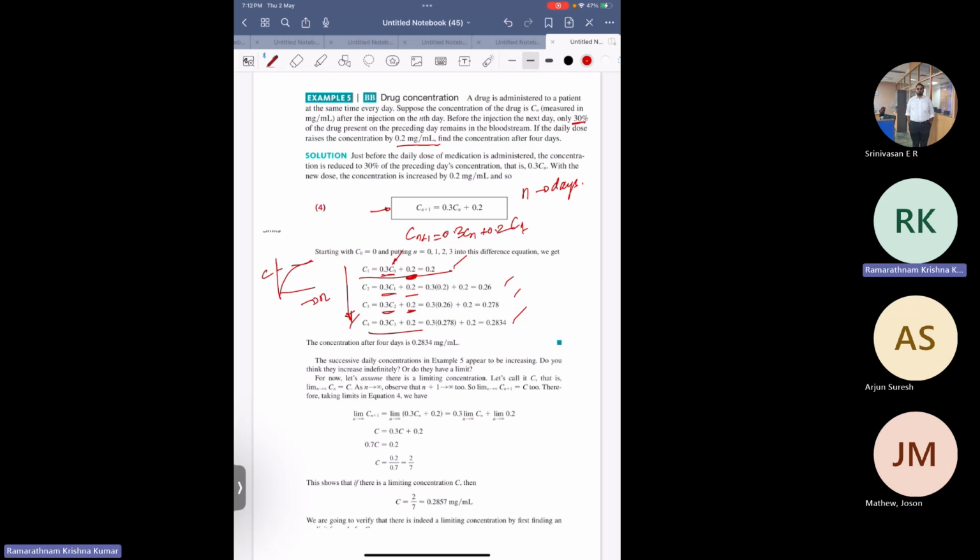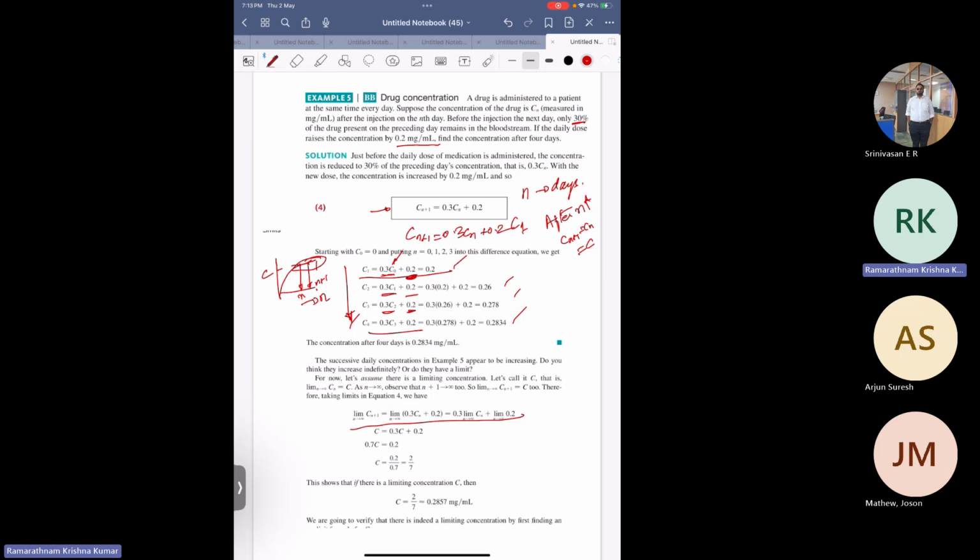It means that after some time, as n increases, Cn plus 1 is equal to Cn is equal to C. So n plus 1 is here, n is here, and then n plus 2 is here, and all of them will be one value, which is called C. So how do I find this out? N tending to infinity. That's what it means. N becomes large.